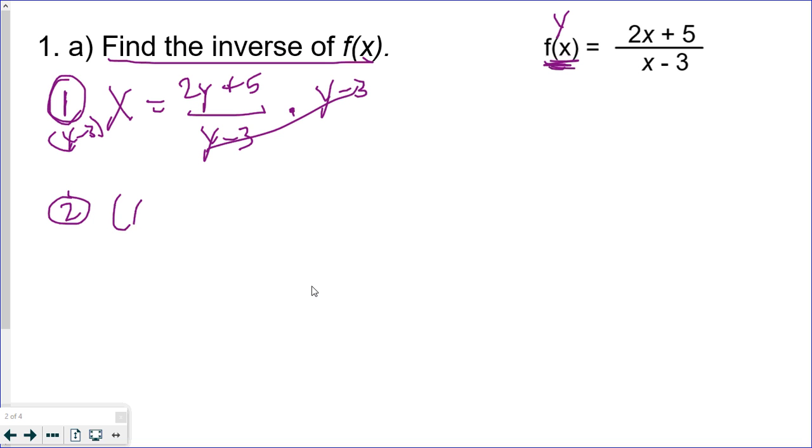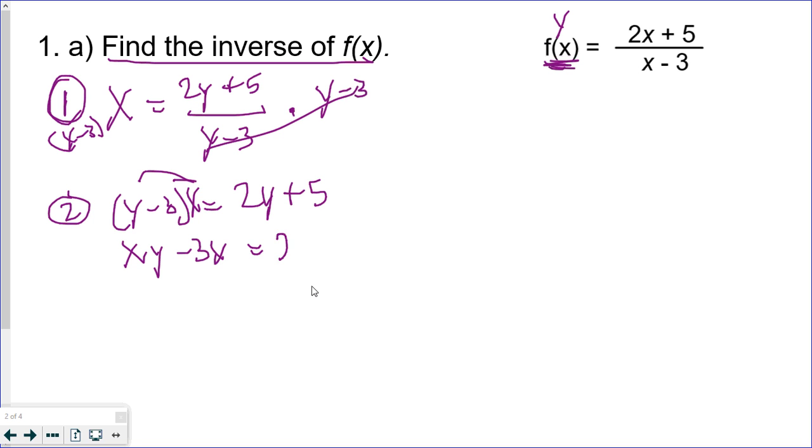But I'm left with y minus 3x equals, oh, I'm sorry, y minus 3x equals 2y plus 5. Okay, and then we're going to distribute the x. We're going to get xy minus 3x equals 2y plus 5.